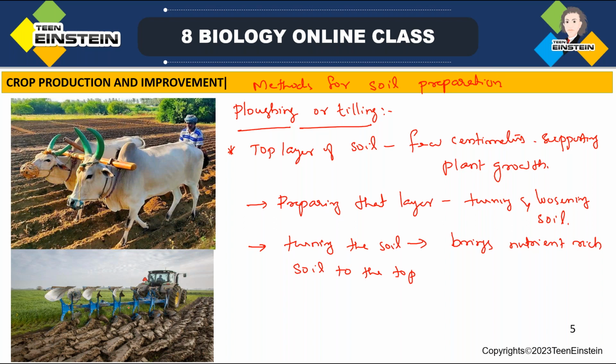By using different plowing methods, the soil is turning, or we are making the soil loose. So what is happening?